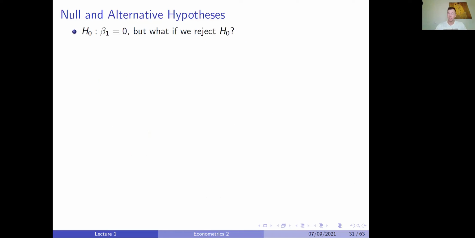The null hypothesis in most cases for single coefficients is that this coefficient is 0. We have some special cases, but they will be discussed later. So the usual case is beta 1 equals 0. What if we reject this null hypothesis? Then we have an alternative hypothesis. If H null is not true, then something else is true.